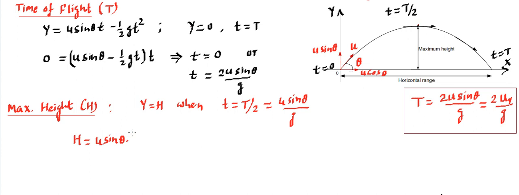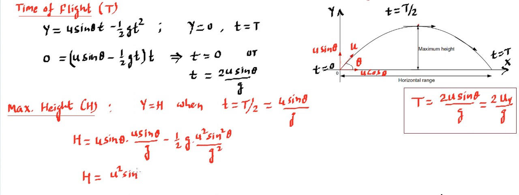In place of t we are going to write u sine theta upon g, minus half g into t square. That means it's going to be u square sine square theta upon g square. When we do square of sine, it comes out as sine square theta. You know those mathematical rules. So it becomes u square sine square theta by g, and another term we are going to get, 1 g is getting cancelled out, so it's going to be u square sine square theta upon 2g.